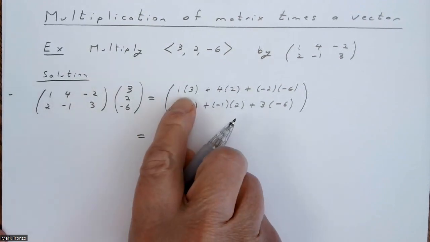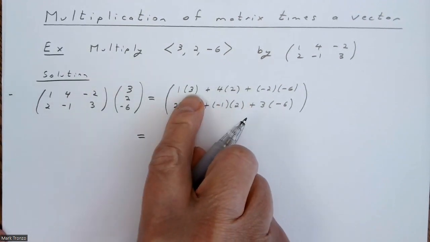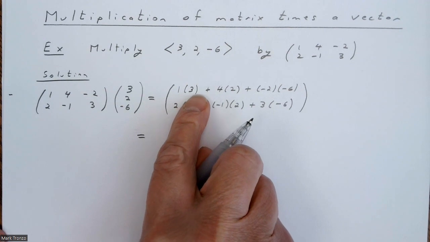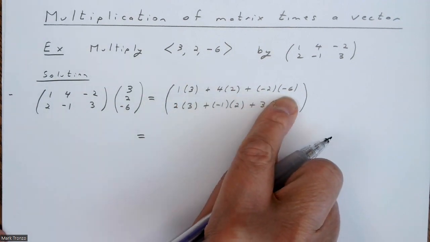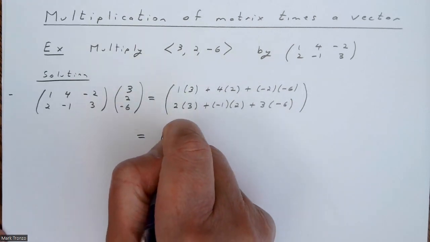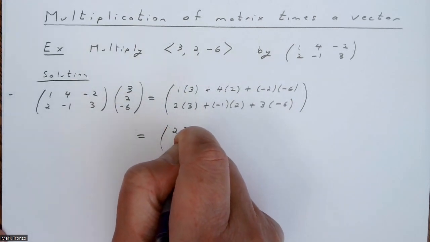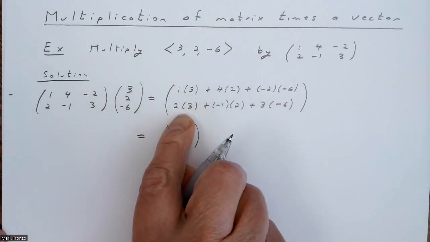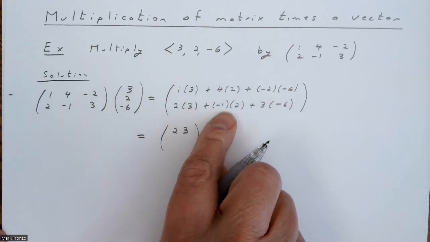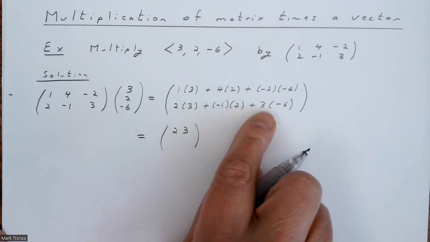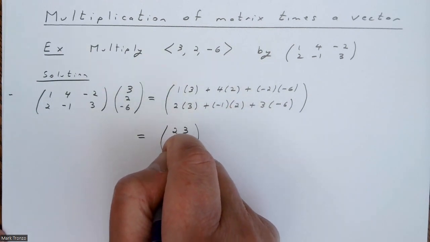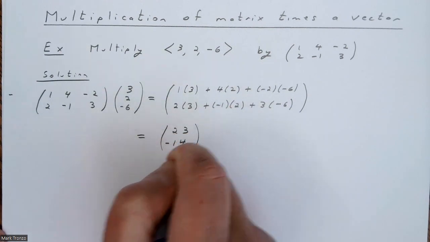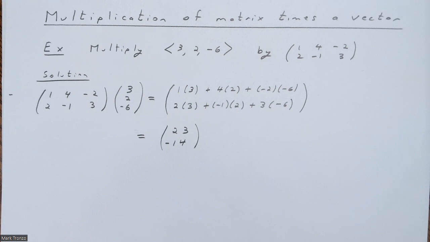And then let's see, what do we have? This is going to be 8, 3, 11 plus 12 would be 23. And then we have 6 minus 2 is 4. Minus 18 is minus 14. Like this.